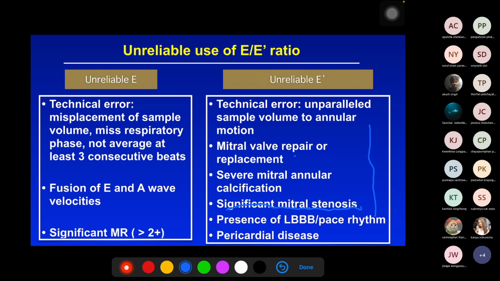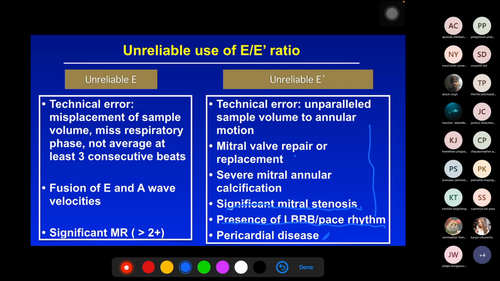The other condition is a patient who has left bundle branch block or pacemaker rhythm. In this condition, E prime is also unreliable. And also the pericardial disease that I talked about before, constrictive pericarditis.